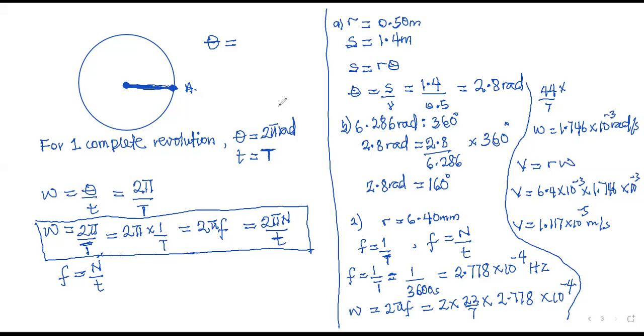Calculate one, the frequency; two, the period of rotation; and three, the speed. Your 5 minutes has started.